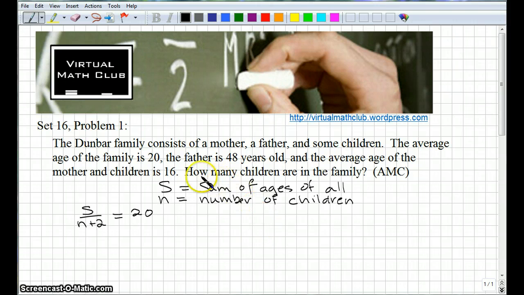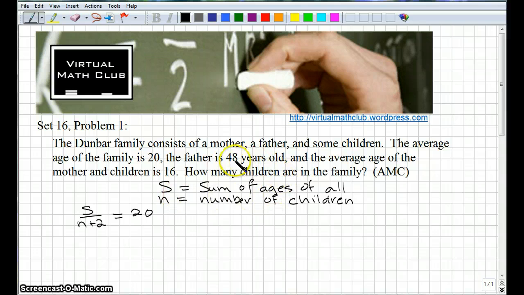Now we're also given the age of the father, and we're given the fact that the average age of the mother and children is 16. So I also know that if I were to take the sum of the ages of the mother and children and divide it by essentially n plus 1, which is the number of children plus the mother, I would get 16. But I don't have the sum of the ages of the mother and children. And I've defined this variable to be all of the ages.